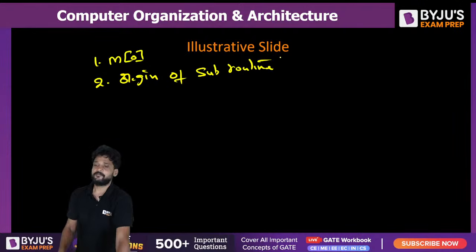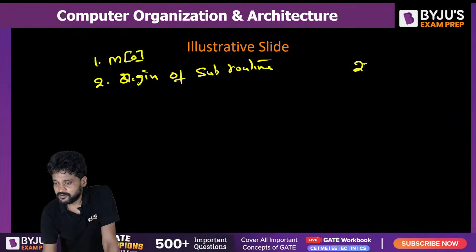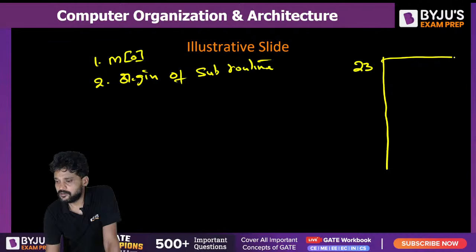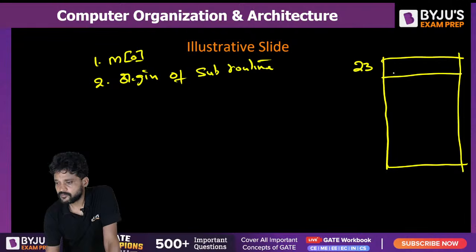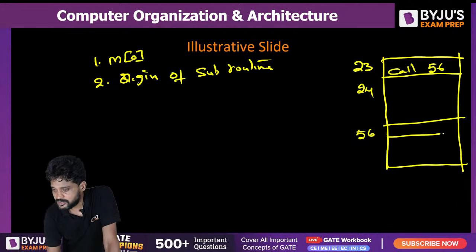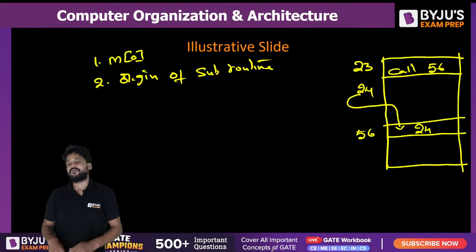Let us say we are at the 23rd location, and it is a call instruction: call to 56. Directly we go to 56. At the 56th location, in the starting address of the subroutine itself, we save the program counter value.